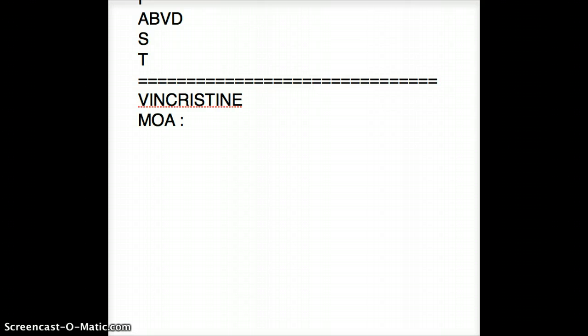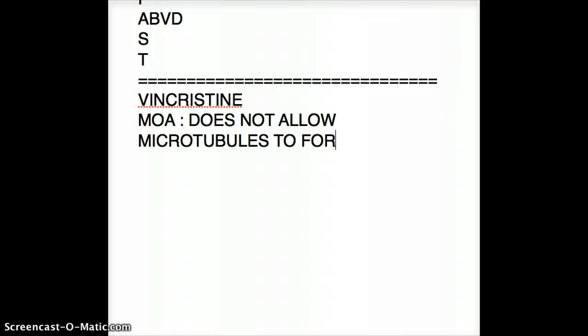They don't allow microtubules to form, and they work at the M phase of cell division. Okay, so that's the mechanism of action.